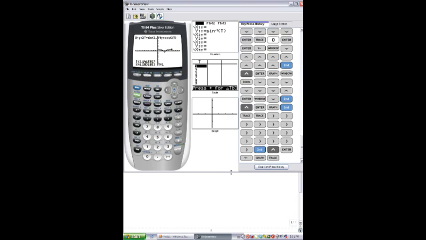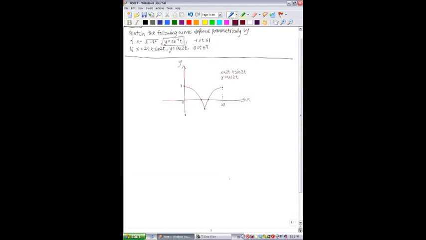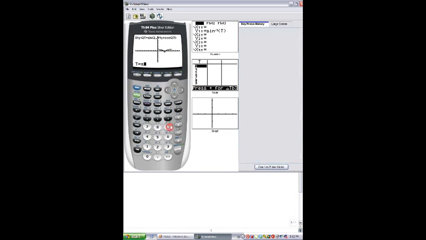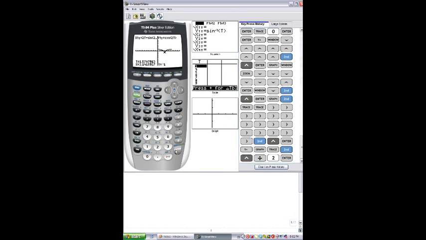So the center one is x equals pi, which means y equals -1.